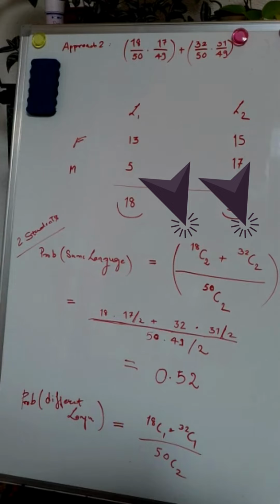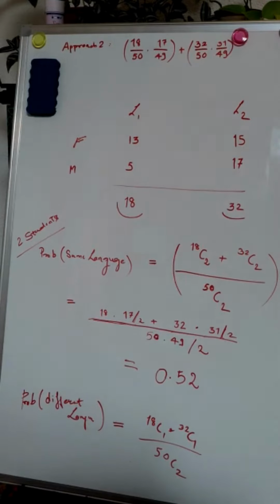And similarly, 32 C2 is the number of ways in which you can pick two students out of the 32 students studying language 2. So 18 C2 plus 32 C2 is all the ways you can pick two students who would be studying the same language. That goes in the numerator, and the denominator is 50 C2, two students picked out of the set of 50.